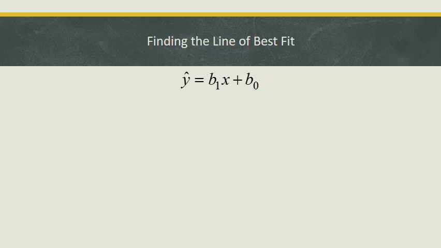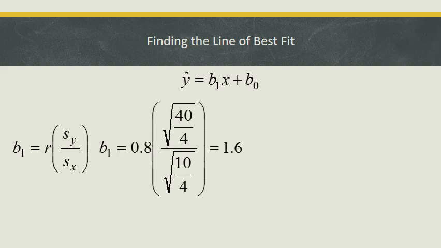We already have all the pieces that we need: sample correlation, sample SDs, and sample averages. The slope of the best fit line is the correlation times the SD of y over the SD of x. For our example, this works out as 1.6.